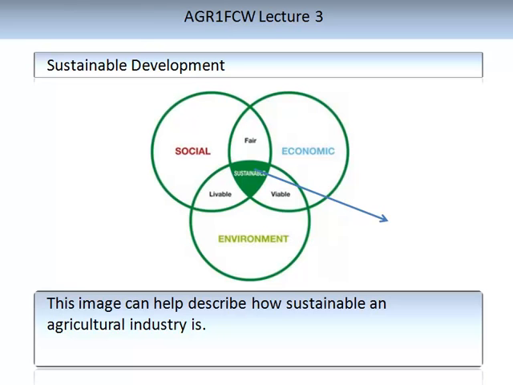Conversely, an industry may currently sit on the outside of the definition of sustainable, and with a change in either the environment, social or economics, move towards the sustainable part of the definition. We can say that an industry is moving towards sustainability, or as the arrow shows, we can also say an industry is moving away from being sustainable.